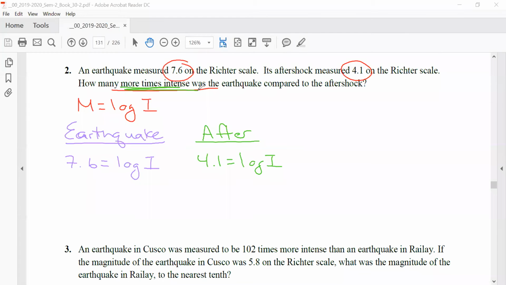That means I'm looking for I. We're trying to figure out what I is. If I look at my formulas, there's my I, and my unknown is inside my logarithm. If my unknown's inside my logarithm, I have to convert it to an exponential.